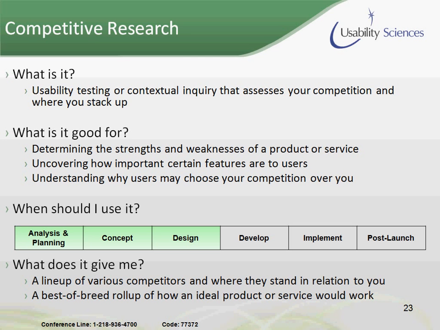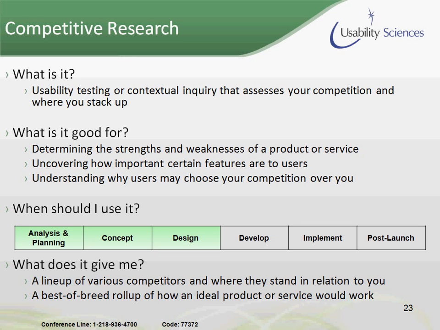We really want to look at what are these bits and pieces of these really positive experiences that users are having that we can make an amalgamation of, if possible, and even get to a more best-in-class, best-in-breed experience. So the focus here is really on pulling out those positive nuggets so that you can benefit.